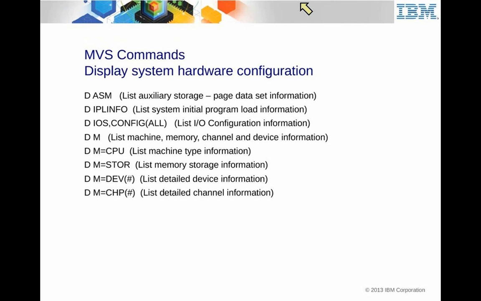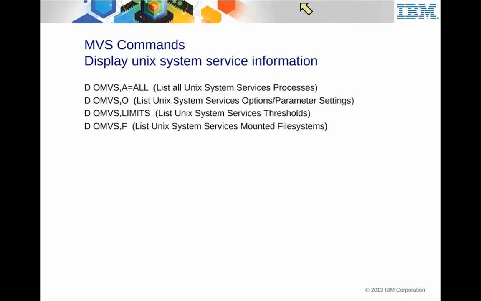A lot more display commands. We're going to be issuing a number of these display commands later on when I explain the operating system, like display ASM. What's the auxiliary storage? So many of these commands that you're looking at here, we'll be talking about as we move forward, but you get the idea of the MVS commands themselves, that there's a lot of them, a lot of display commands.